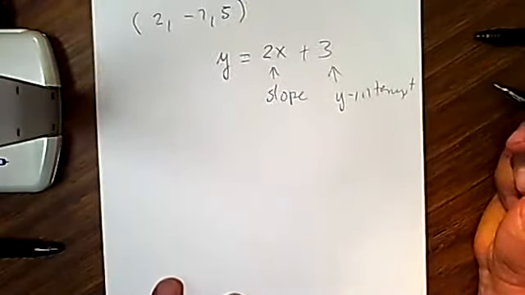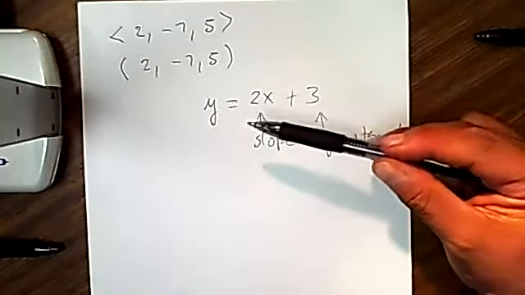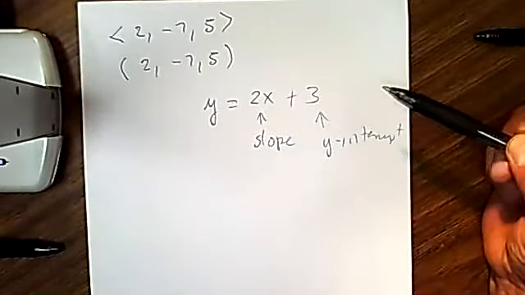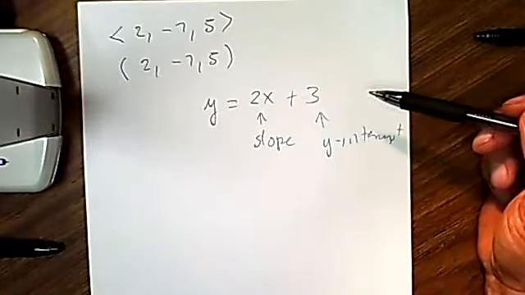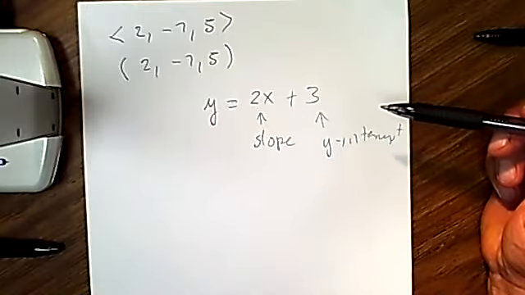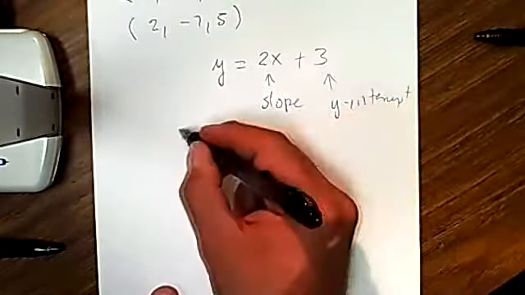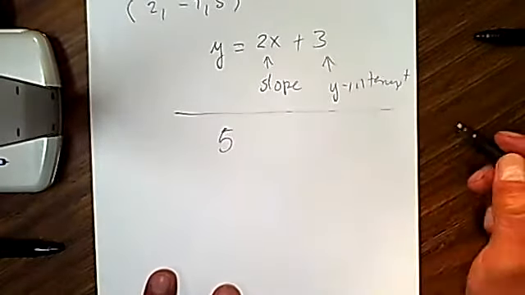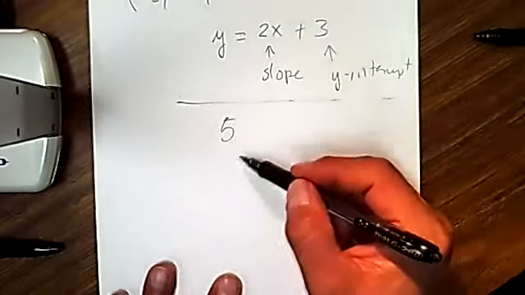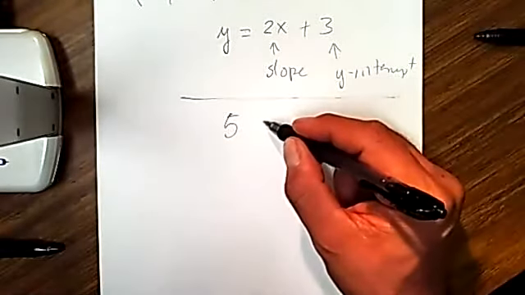So again, if you have this equation, y equals 2x plus 3, you know which one the slope is, the 2, and the y-intercept would be the 3. So the question is, if I just write down a number at random, say 5, without any context, can anybody tell me whether this is a slope or a y-intercept?